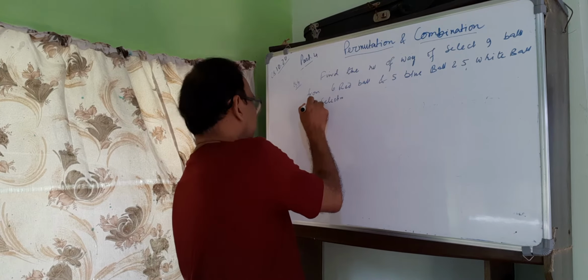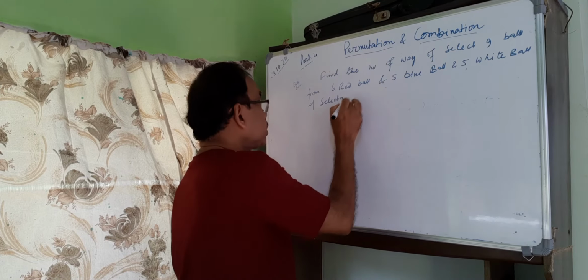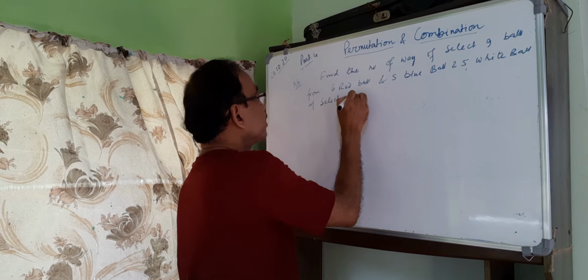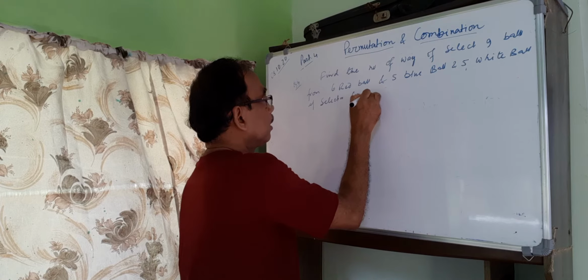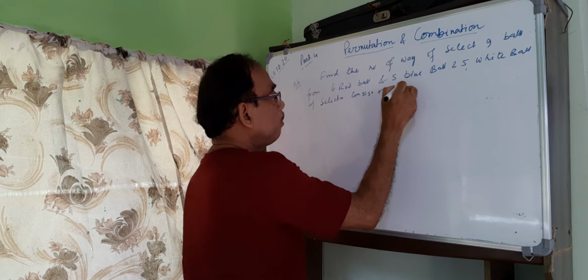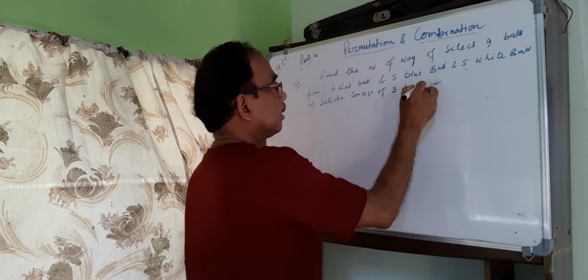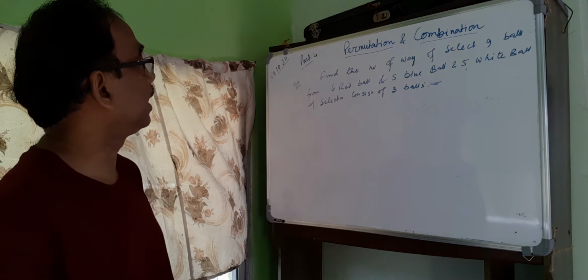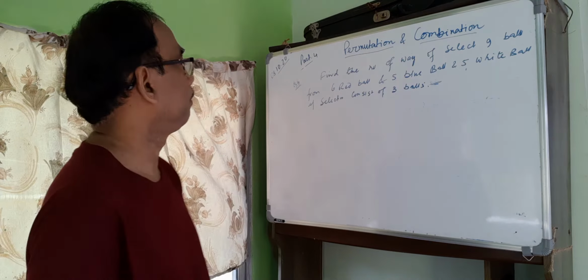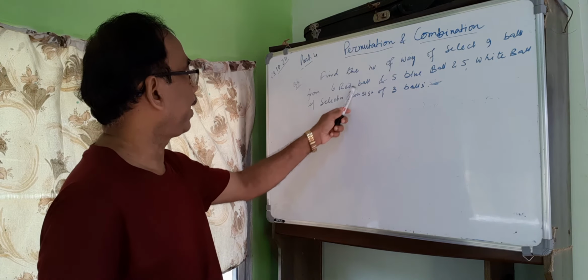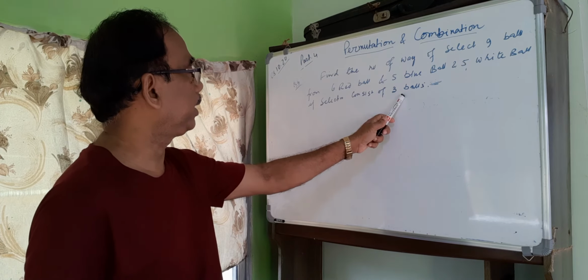If each selection consists of 3 balls each, 3 balls means we have to select 9 balls. So from the red balls you have to choose 3 red.